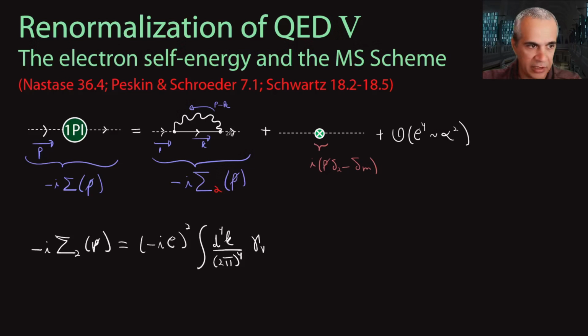Then I have the fermion propagator, given by (k slash plus m) over (k squared minus m squared).